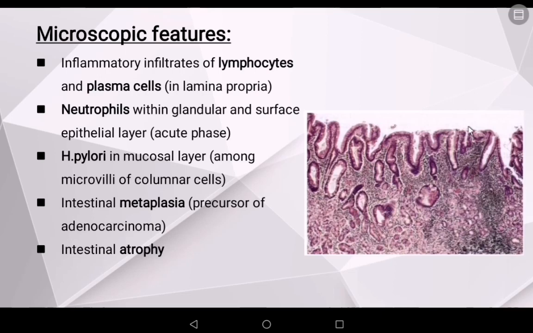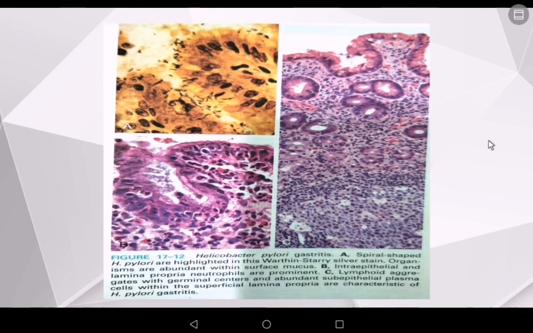And intestinal metaplasia, which is also a precursor for adenocarcinoma, can be appreciated here by the presence of goblet cells in this glandular epithelium, which means the simple columnar epithelium has been converted into columnar epithelium with goblet cells. It will also be present with glandular atrophy.